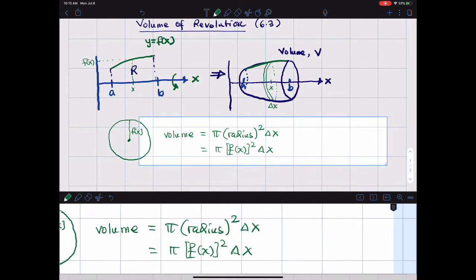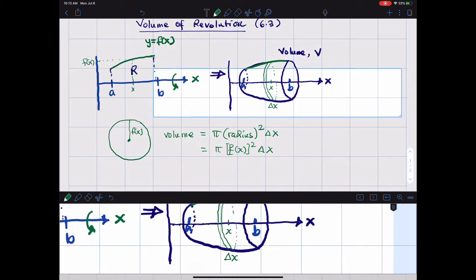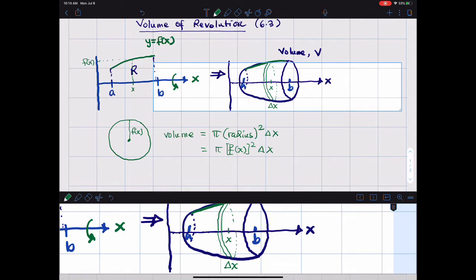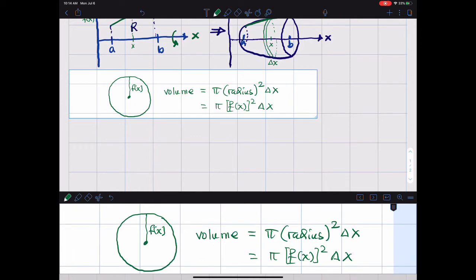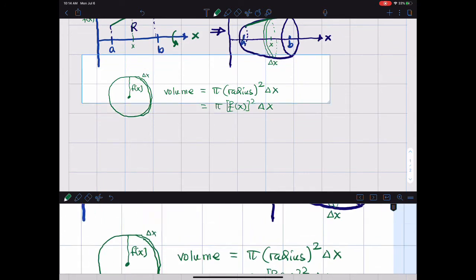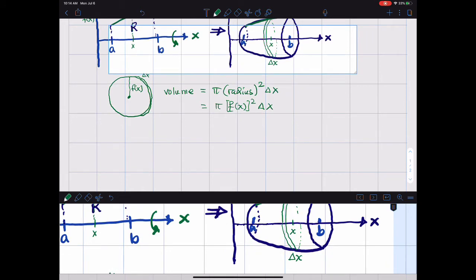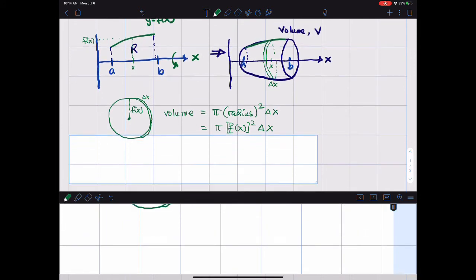Okay. But the volume we're interested in finding is the volume of our solid V. So to find the volume of this solid, we just have to integrate the volume of these little disks. Each of these disks, the thickness is delta x. So if we can integrate a bunch of little disks from A to B, then we find the volume of our solid.